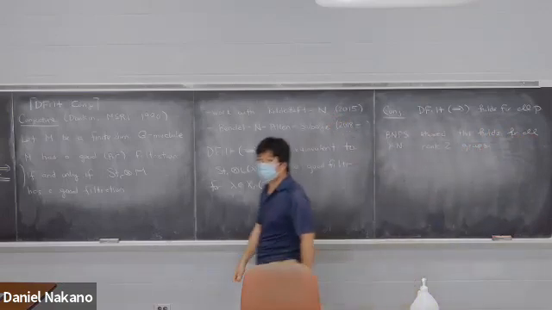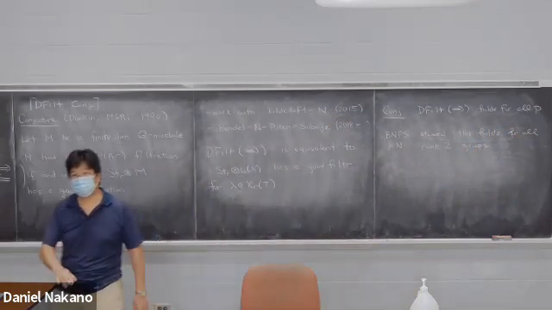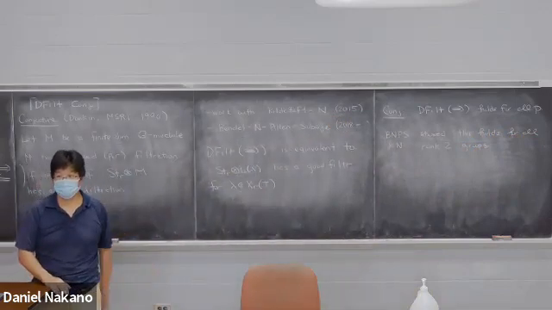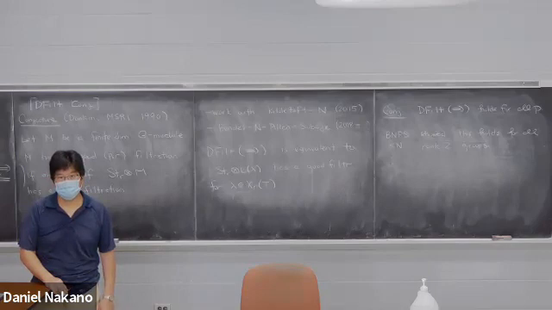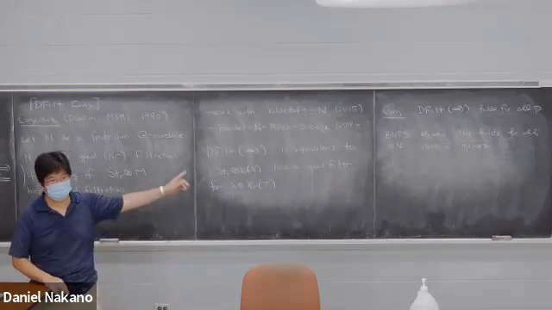Okay, so for B2, G2, A1 cross A1, all rank 2 groups, it holds. And we also showed it holds for all primes for A3, for example. So there's a lot of evidence that this is going to be true.